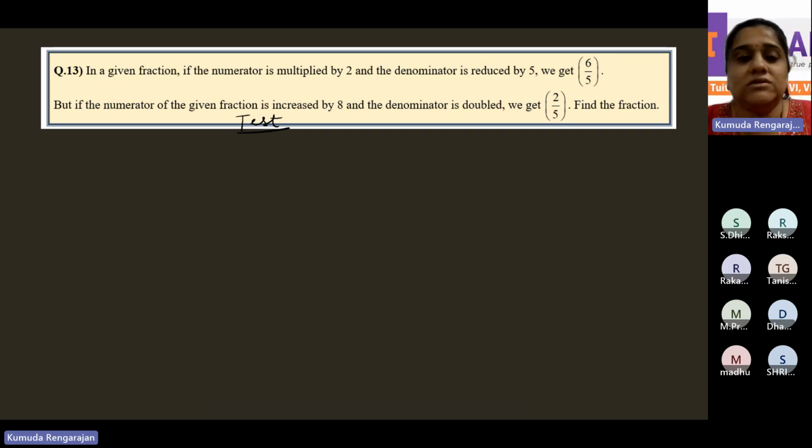In a given fraction, if the numerator is multiplied by 2 and the denominator is reduced by 5, we get 6 by 5.